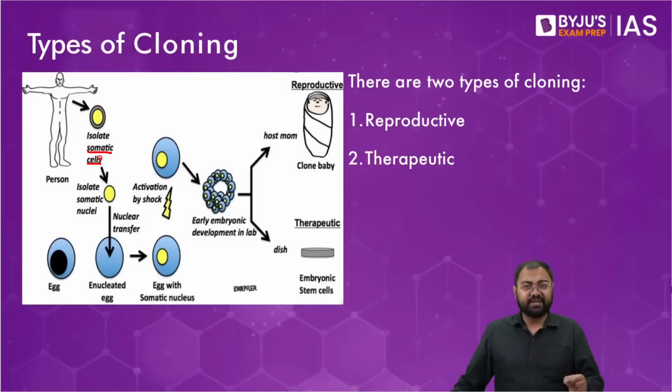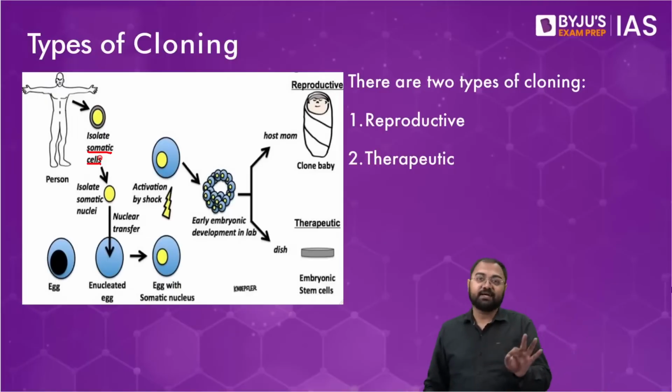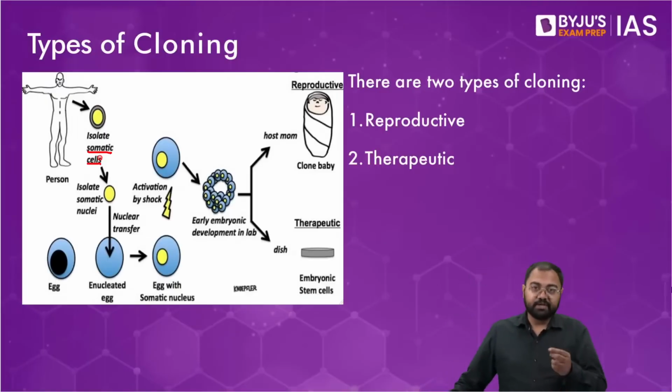Now, what are these somatic cells? Somatic cells are all the non-reproductive cells in our body. For example, in humans, there are two reproductive cells. One called the sperm cells, which are found in males, and second, you have the egg cells, which are found in females. So, apart from the sperm cells and the egg cells, all the other cells in our body are the non-reproductive cells, and these cells are called somatic.